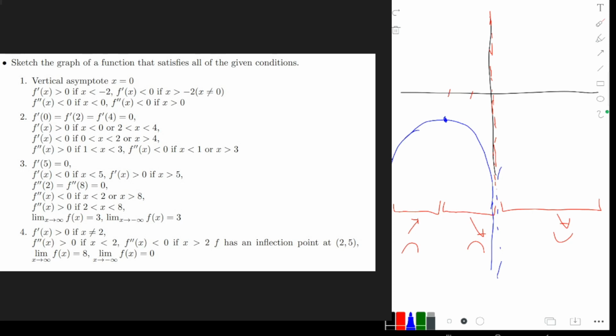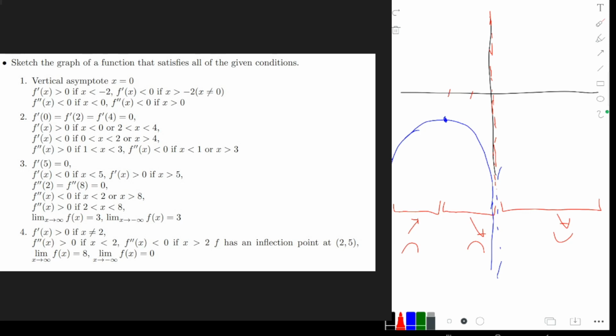And I don't know what it does over here. It doesn't really matter. It can go down towards -infinity, or... yeah, it can't really, because it's decreasing forever this way. I mean, it says increasing, but if we're going to the left, it would be decreasing then. Since it's going down forever as we go to the far left, but is also concave down, it can't really approach a horizontal asymptote.